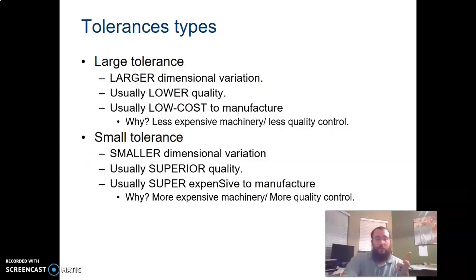A larger tolerance has a larger dimensional variation, lower quality, low cost to manufacture. A small tolerance has smaller dimensional variation, usually superior quality, and usually super expensive manufacturing. That would be the difference between a large and a small tolerance.